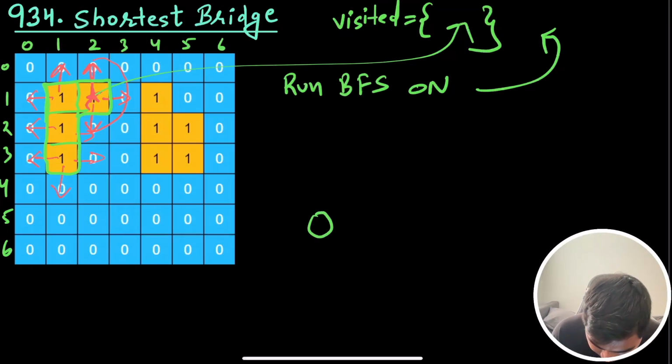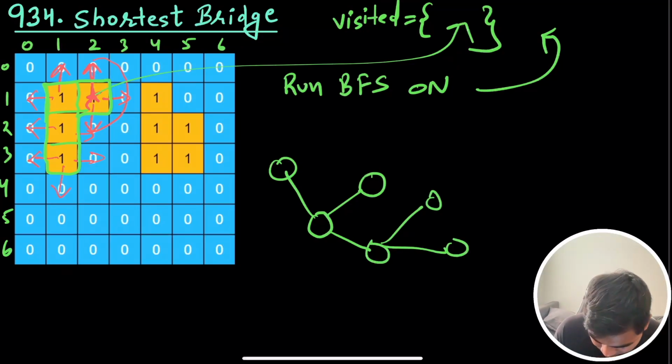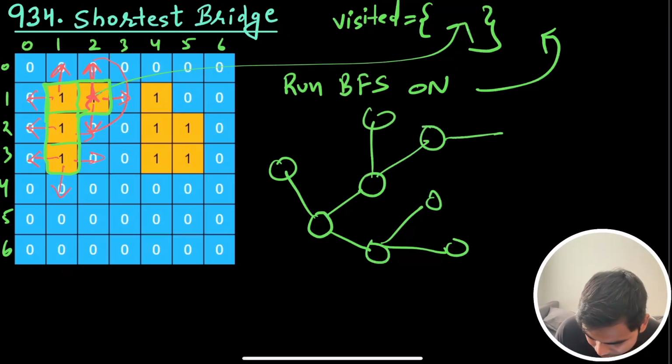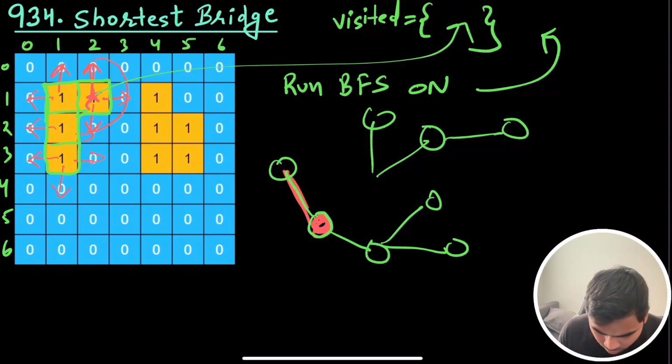Let's say this is your graph, and it will be easy to understand this way. If I'm starting my BFS right here, on the first level I will be able to traverse all of these nodes.